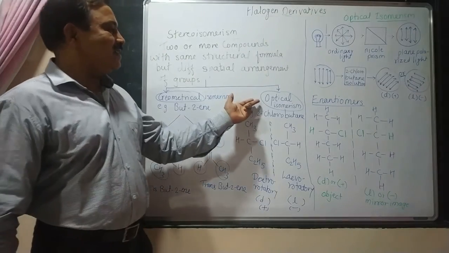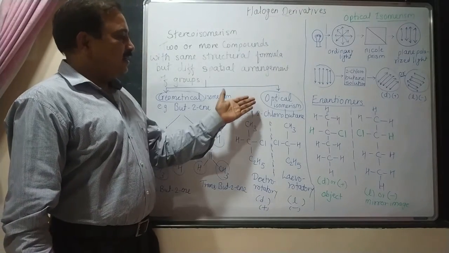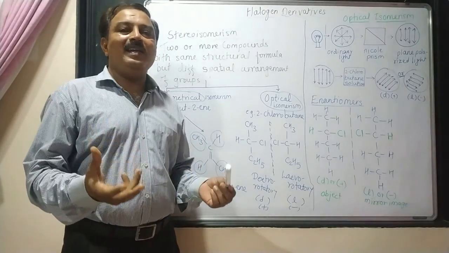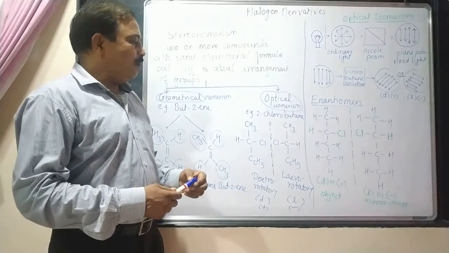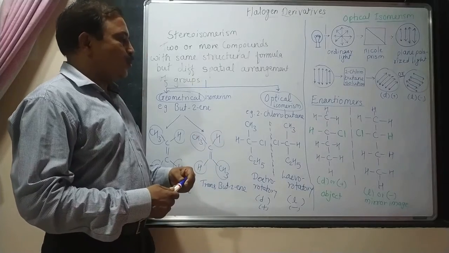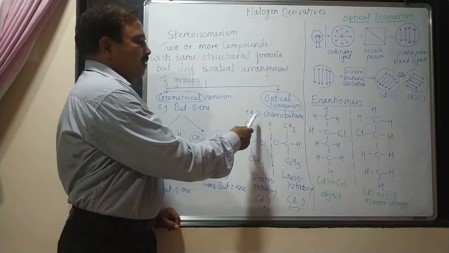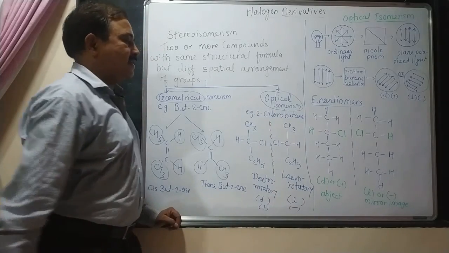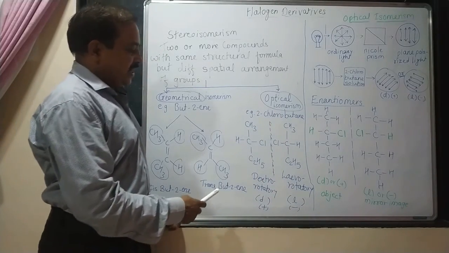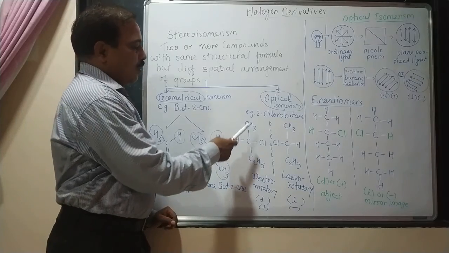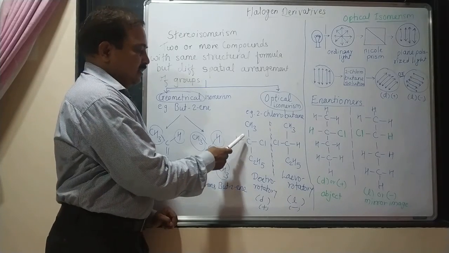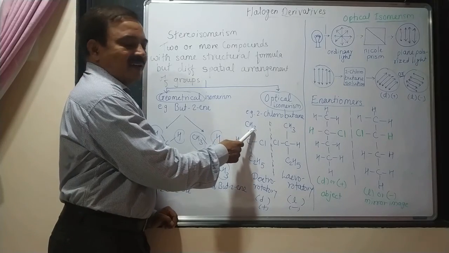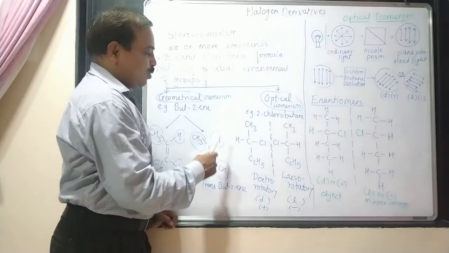Now the next one is optical isomerism. In the case of optical isomerism, which compounds are called optical isomers, or optically active, let us try to understand. To explain optical isomerism, 2-chlorobutane is taken as an example. Let us try to understand the structure of 2-chlorobutane. Here the first carbon atom has three similar atoms, that are hydrogen.